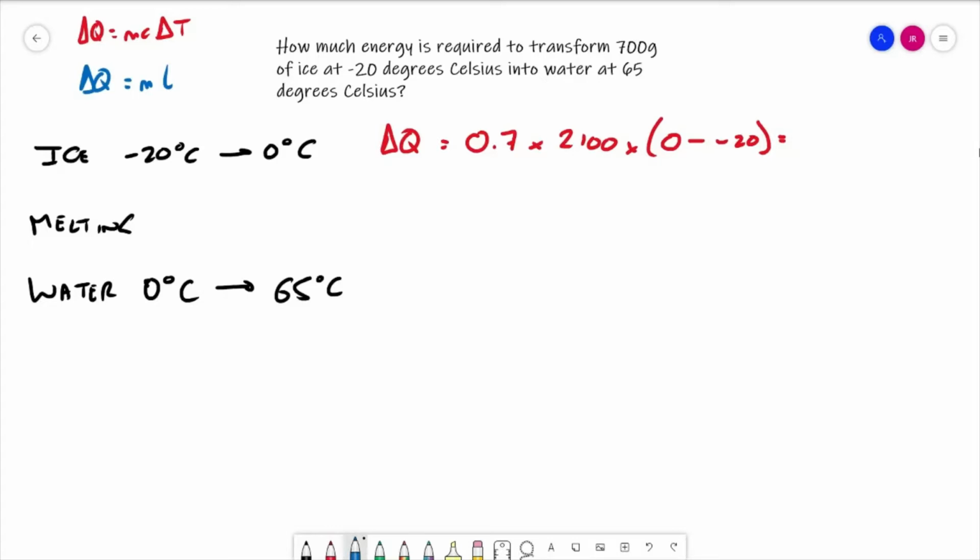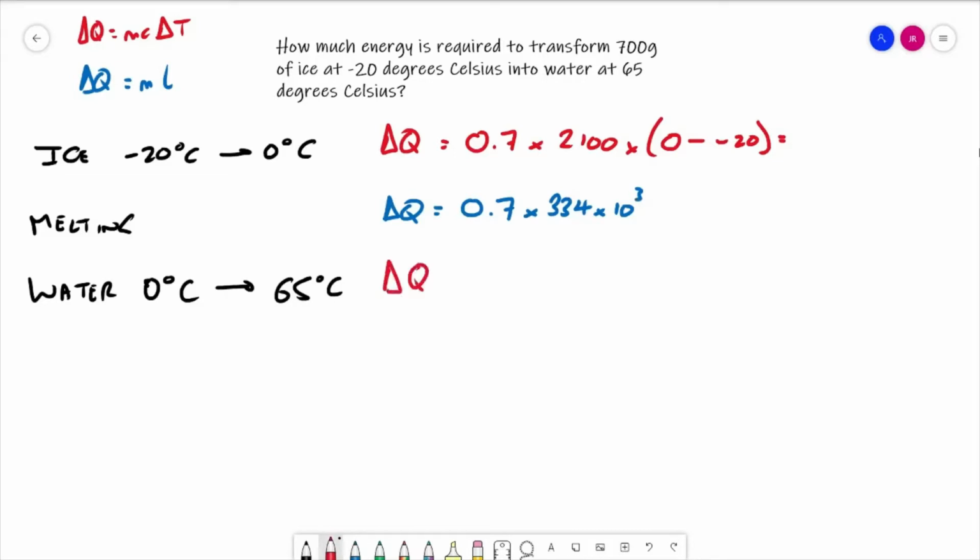For the melting, well, delta Q, the mass again is 0.7 multiplied by the latent heat of fusion, which will be 334, and obviously because it's kilojoules per kilogram, we just need to multiply by 10 to the 3 with that.